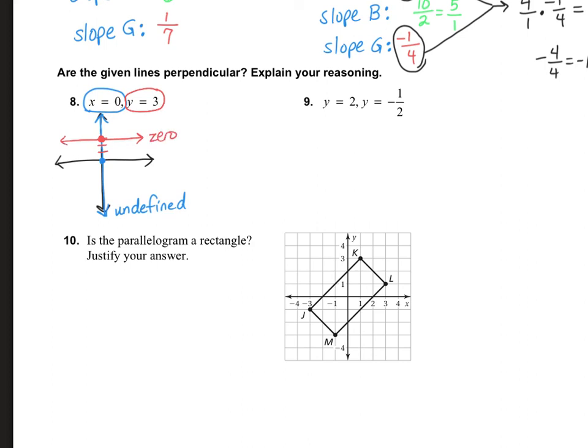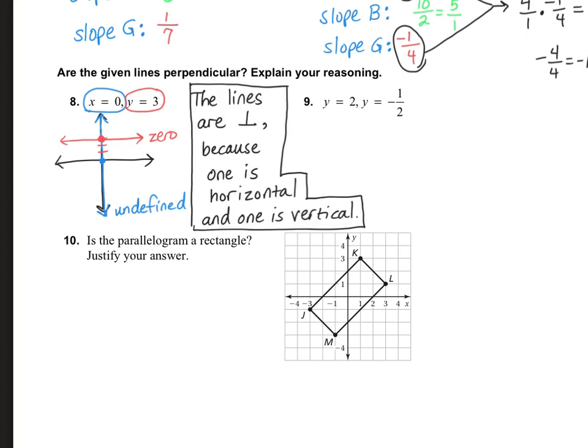As you can see, they are definitely perpendicular. Anytime you have a 0 slope and an undefined slope, even though you can't multiply those together, you can see that they are definitely perpendicular. So my answer is that the lines are perpendicular because one of the lines is horizontal while the other one is vertical. Let's go ahead and do a real quick sketch of a graph for number 9.